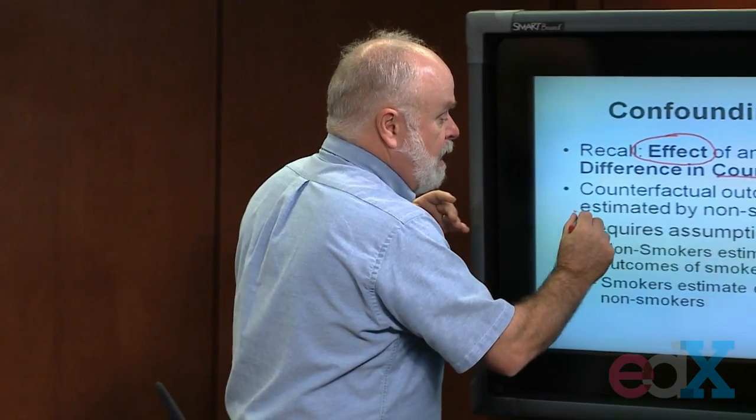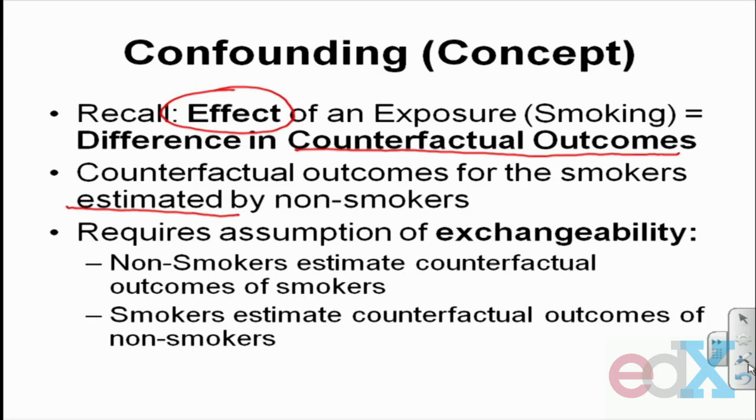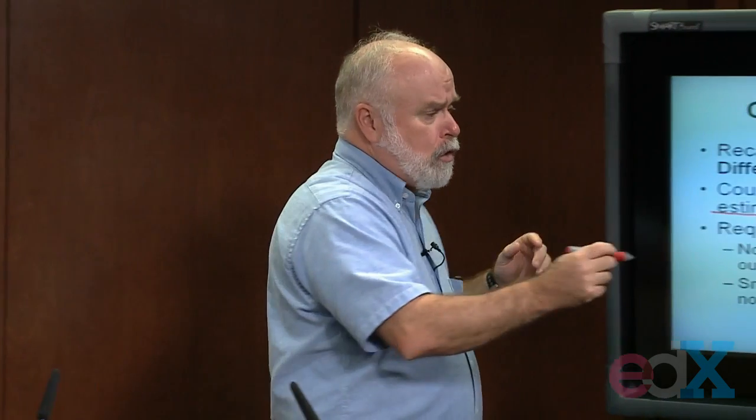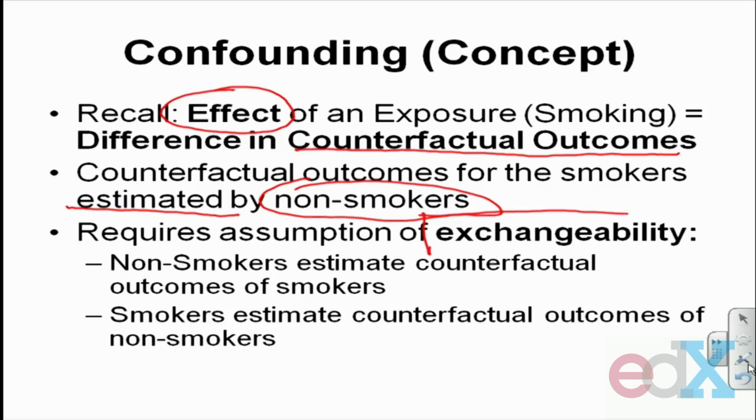The way we epidemiologists resolve that problem is we estimate the counterfactual outcome among the smokers by using some non-smokers. Those non-smokers will estimate what would happen to smokers if they hadn't smoked. That's the whole purpose of epidemiology. But to be able to say that the non-smokers reflect what would happen to the smokers had they not smoked requires that the non-smokers be what we call exchangeable to the smokers.